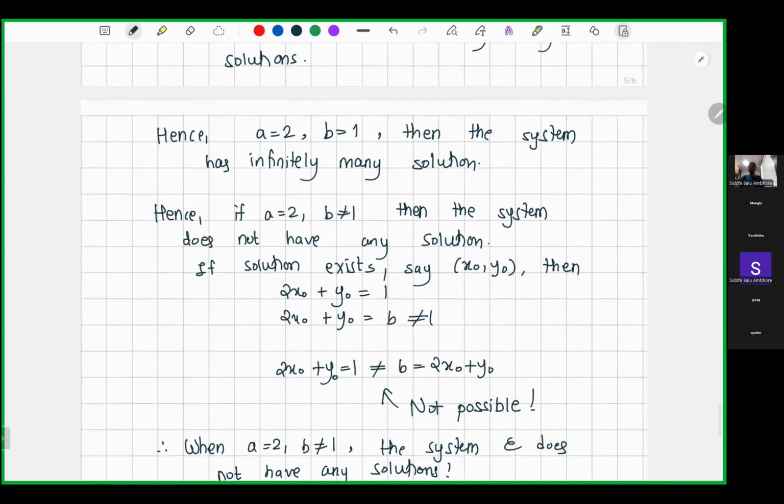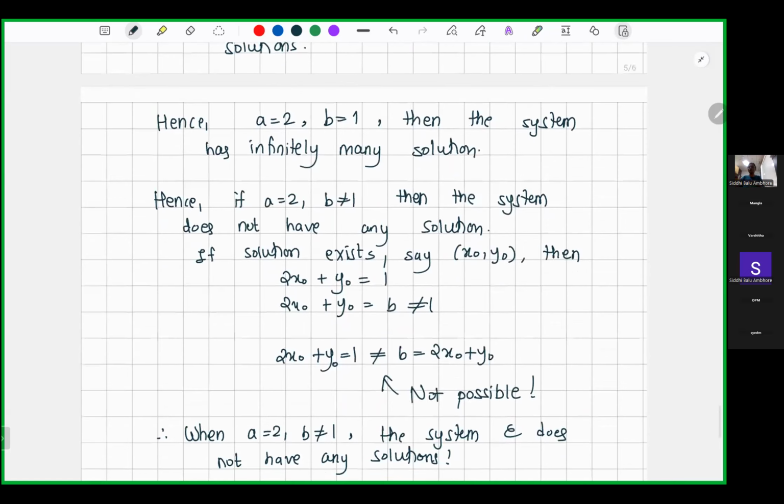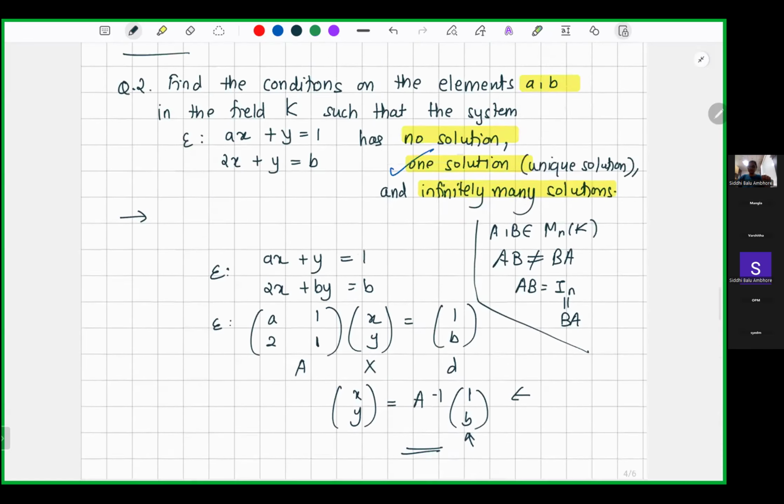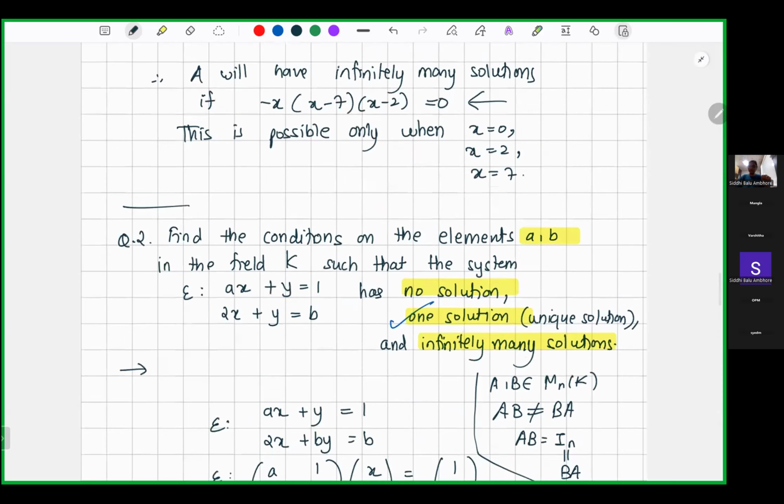So it covered all the possibilities of A and B, and we got the conditions on A and B such that all three possibilities happen: no solution, unique solution, and infinitely many solutions. Any doubts here?